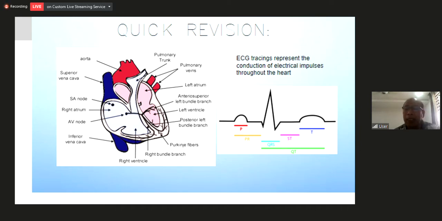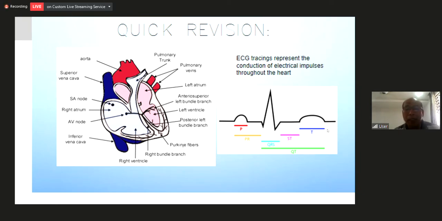So any Q in V1 is always pathological, even though it is small, because the wave coming from the septum goes to the right. In the normal ECG, there will be a small initial Q followed by R and S, and then this is the T wave.